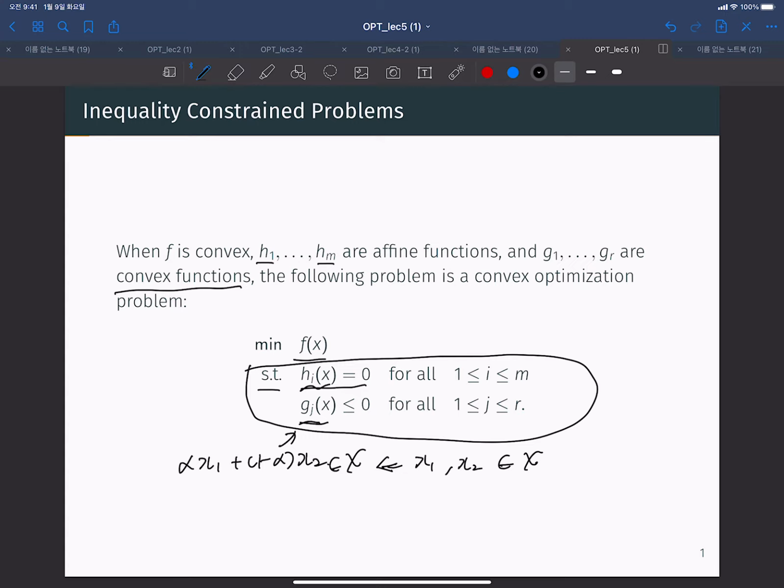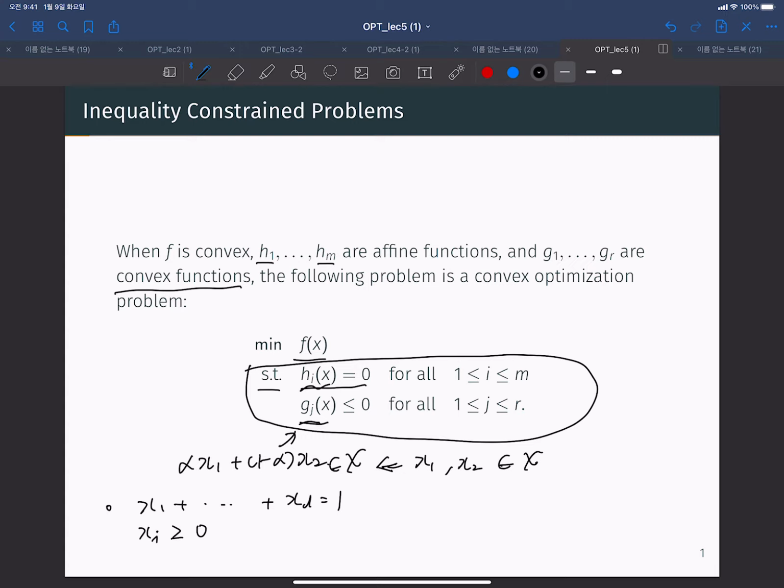One possible example is this. Let's consider a probability vector defined for d-dimensional space. Then x1 plus up to xd must be equal to 1, and because this is a probability vector, xi must be greater than or equal to 0.